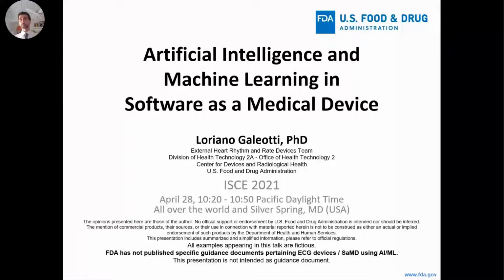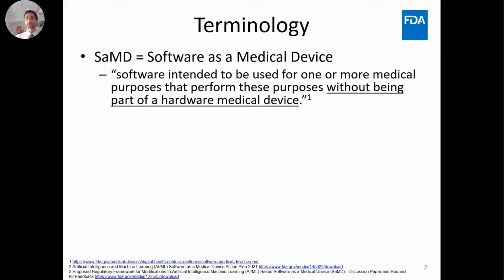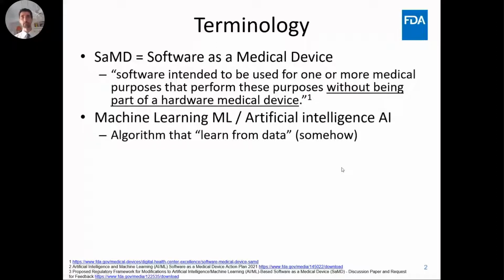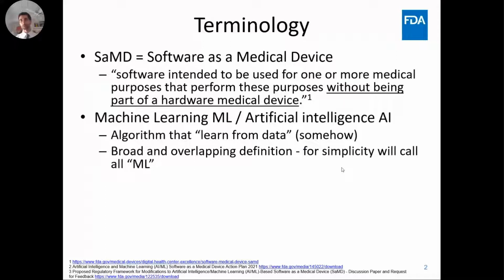So first of all, a little bit of terminology. A software as a medical device is defined as software to be used for medical purposes that is not part of a hardware medical device. Also important to define that machine learning and artificial intelligence are really not so well defined in general.